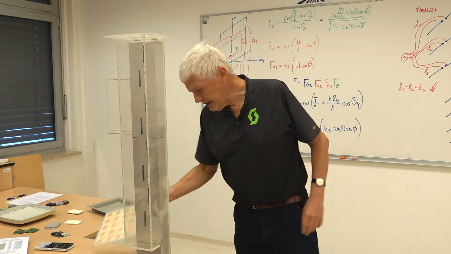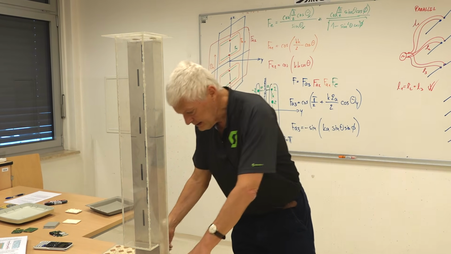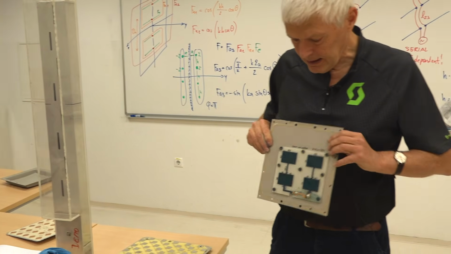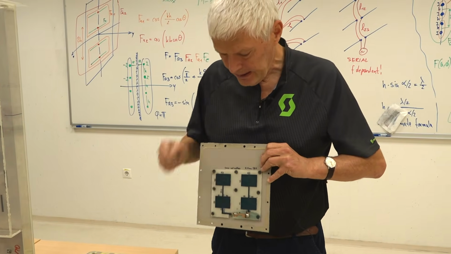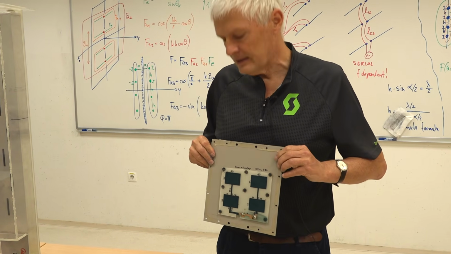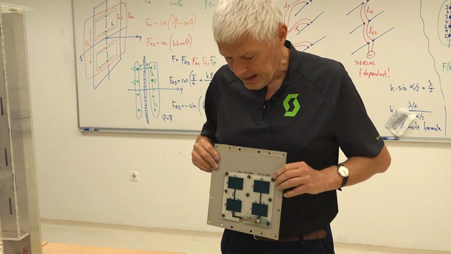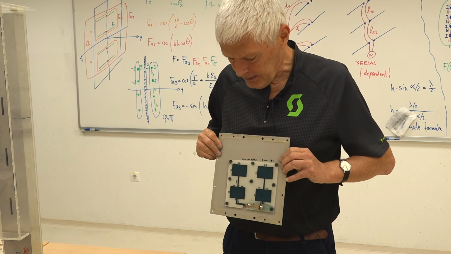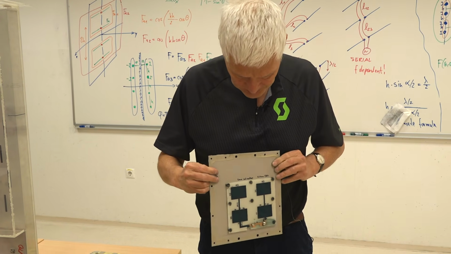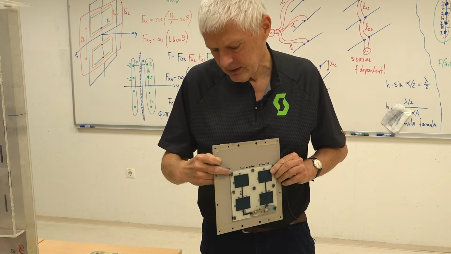If you have more complex arrays, okay, there's this array here. This array here has actually 4 patches. This is for a wavelength of 9 centimeters exactly. This is a suspended substrate construction.